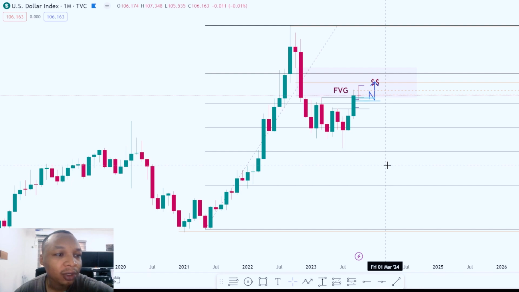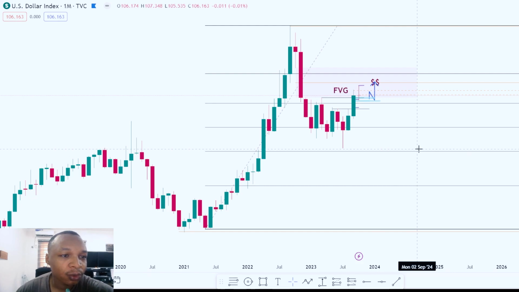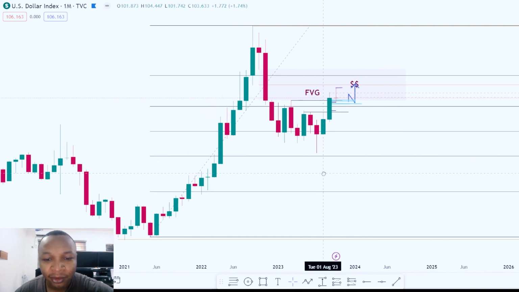Okay, so as usual, I always want to interpret the moves in the markets based on fundamentals and technicals. Okay, so for our technical analysis, we'll be checking out the dollar. As usual, if you've watched the past videos, you'll notice that I've always said it, the dollar has been on a continuous uptrend.